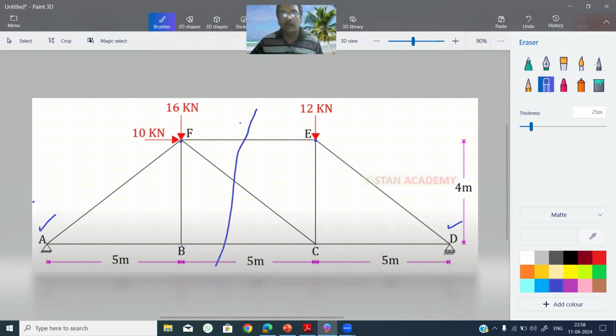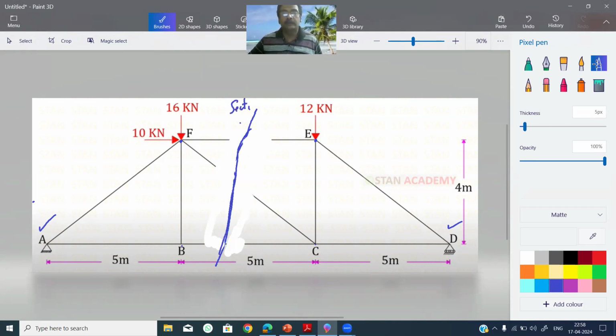How is it cutting? This is the section cutting my truss into two parts, clearly separated.